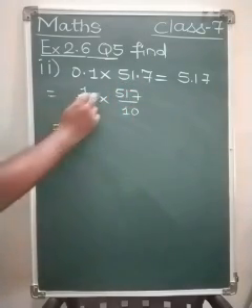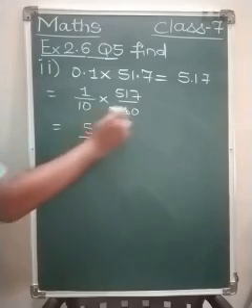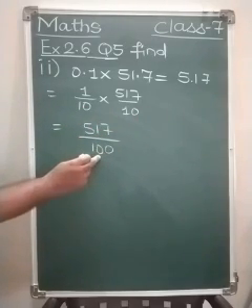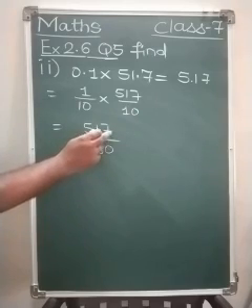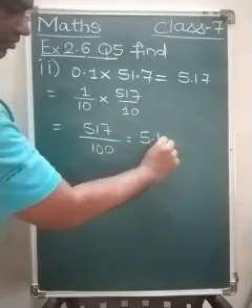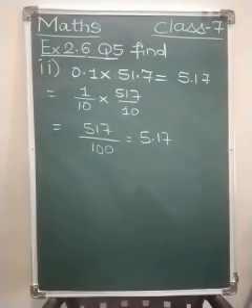So this equals 1 multiplied by 517, 517 upon 10 multiplied by 10, 100. Again 2 zeros, so 2 decimal places, 1, 2. Here would be the decimal point, 5.17. Answer is same.